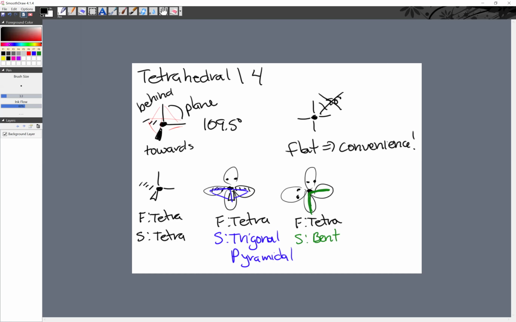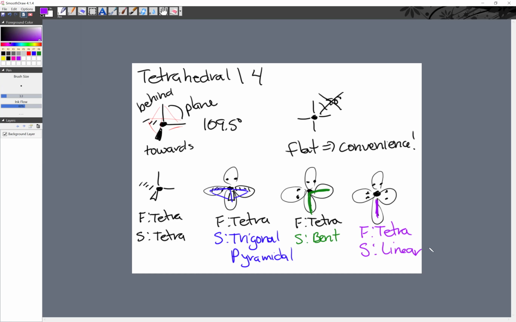And last but not least, what if I have 3 lone pairs and 1 bond? Well, guess what? I am still family tetrahedral, but my shape is only 1 bond. My shape is back to linear.